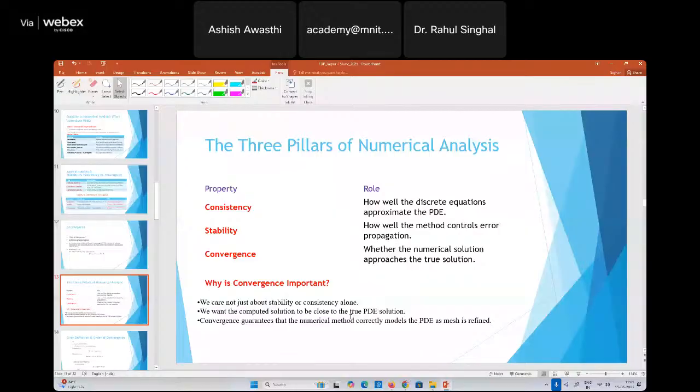Convergence guarantees that the numerical method correctly models the PDE as the mesh is refined. So convergence is important because it tells us that the numerical method's results are reliable. Of course, when consistency and stability are there, you can say that. I'll talk about that through the Lax story.